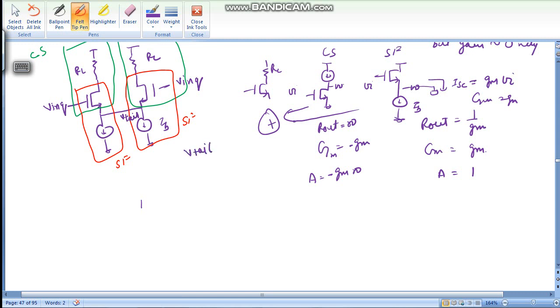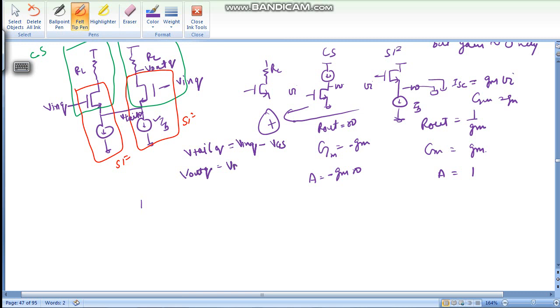V tail Q equals to V in Q minus VGS. So in this arrangement biasing is easy, and this IB current biases your V out Q.